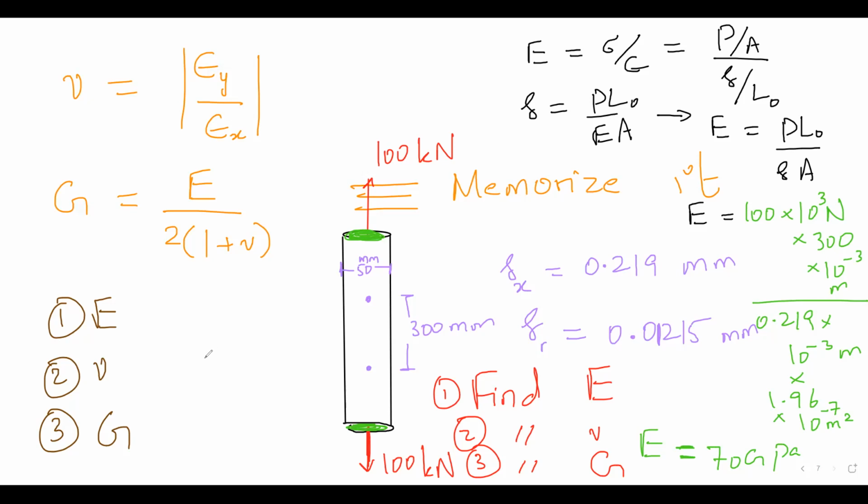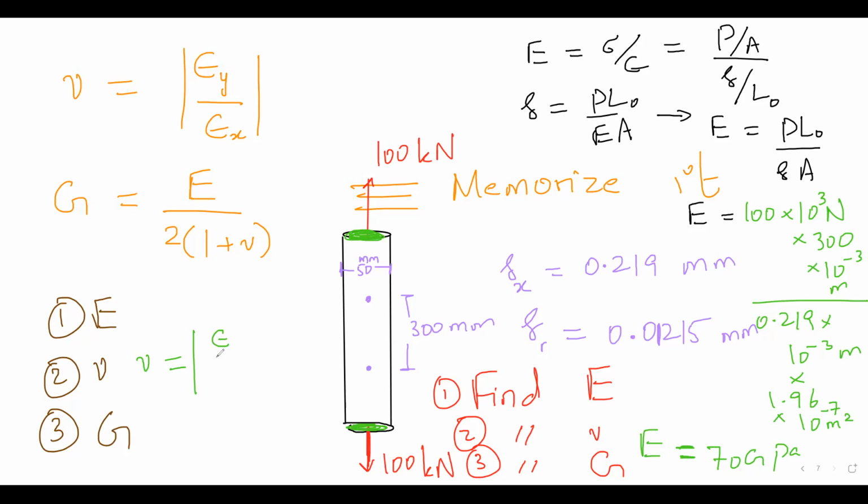What about the rest of the quantities? Poisson's ratio will be 0.33. So it will be epsilon x, I'm sorry, not epsilon x.